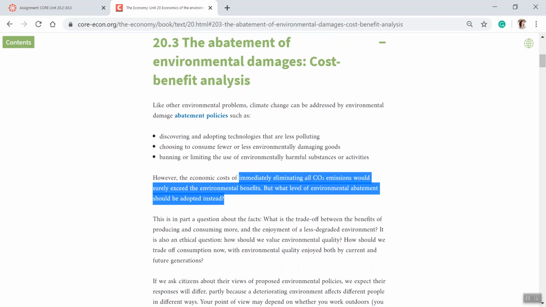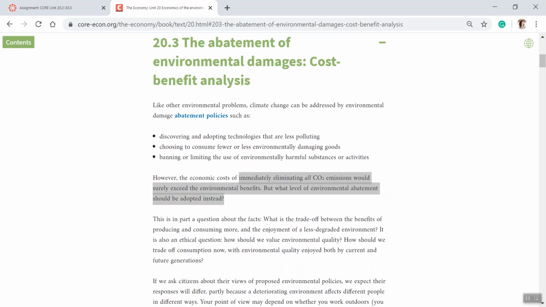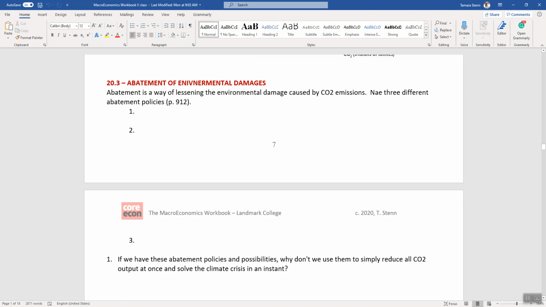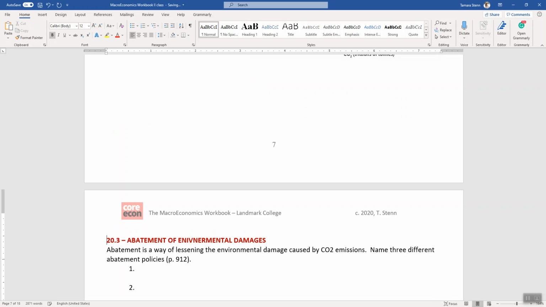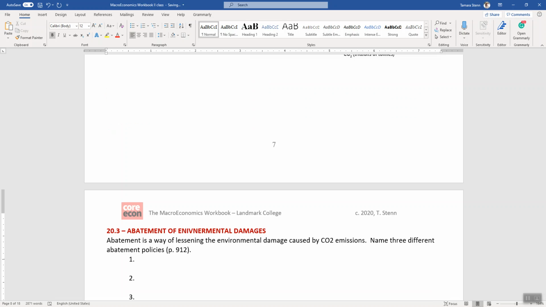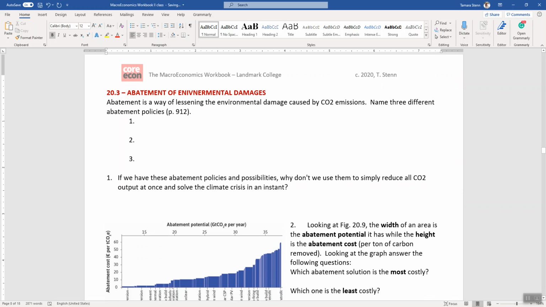So we're looking at the abatement of environmental damages. Let's see what our workbook says. Here we say it's a way of lessening the environmental damage caused by CO2 emissions, and we want to name 3 different abatement policies. I'm just going to put this down on one page so it's easier to look at. So what are 3 different policies?